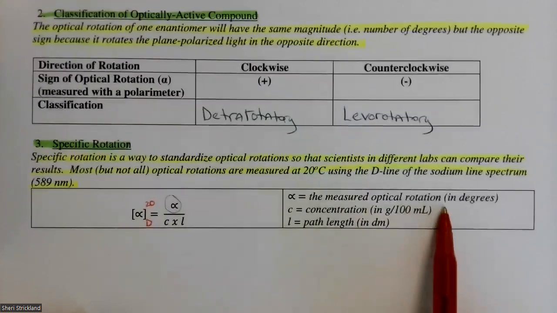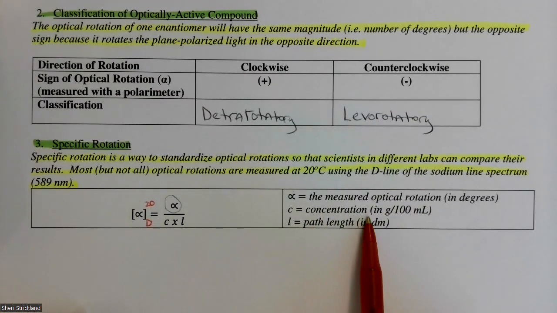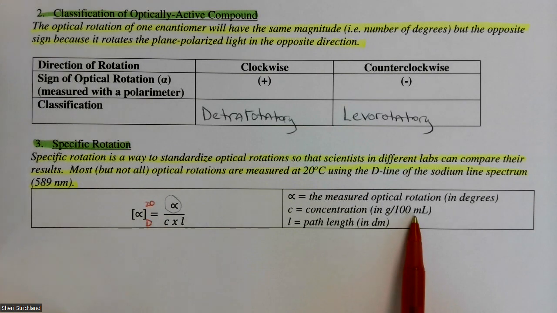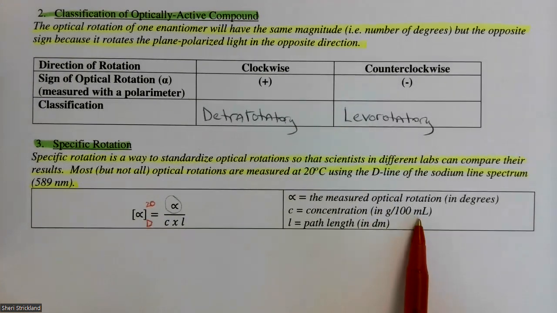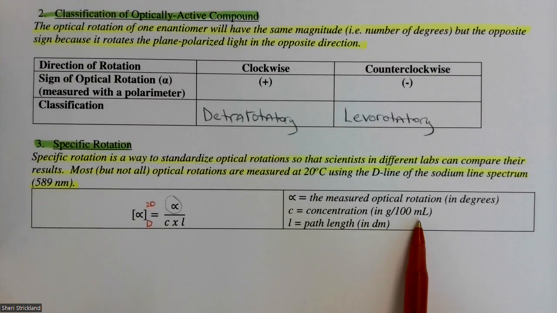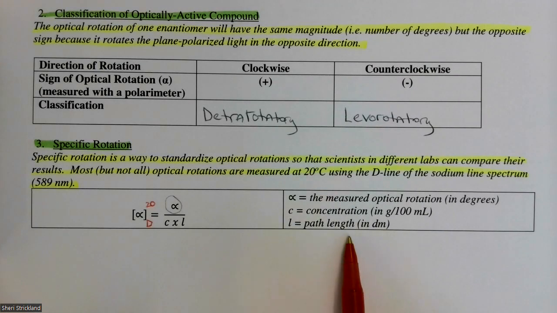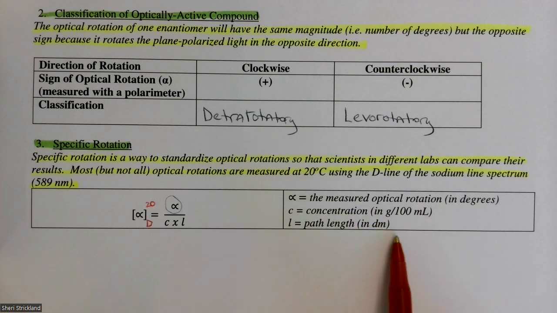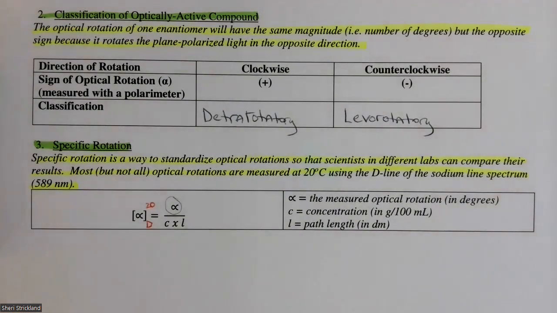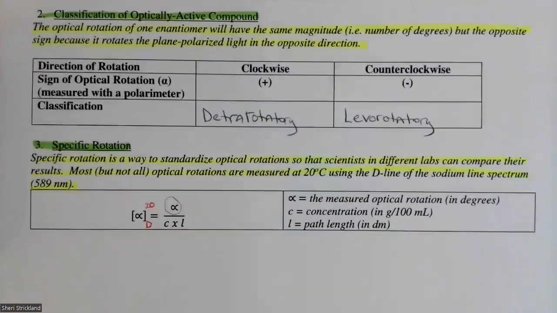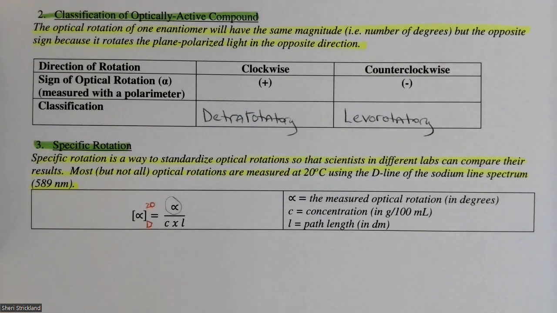So we've got the measured optical rotation in degrees. C is the concentration, which will be grams in 100 milliliters of solution, and L will be the path length in decimeters. And so now you need to remember how many decimeters are in a meter. So it's a good idea to go and look that up. All right. So that is the basic story on plane polarized light and optical activity.